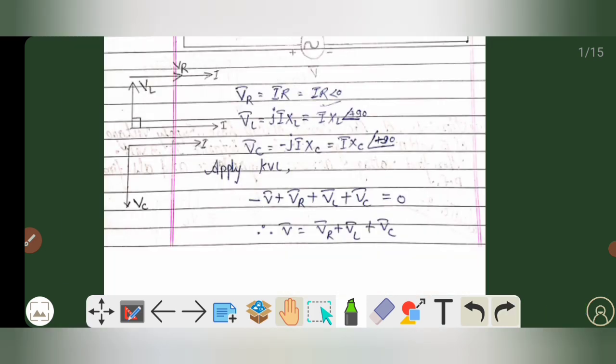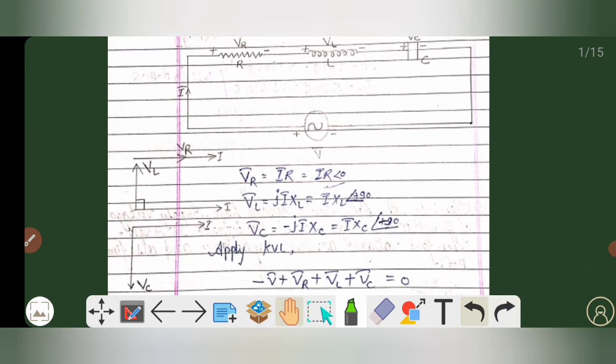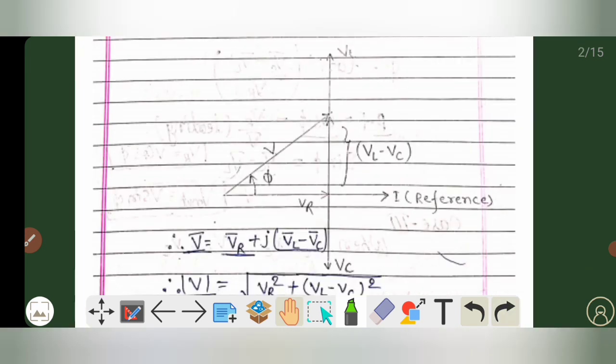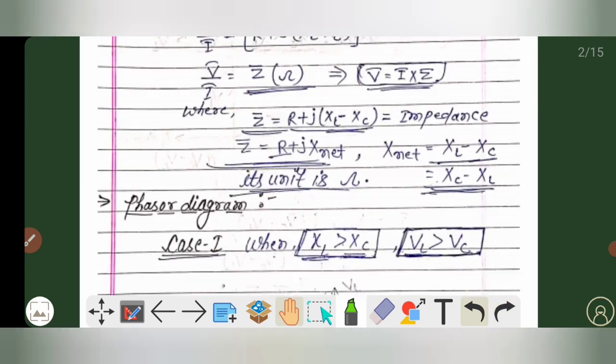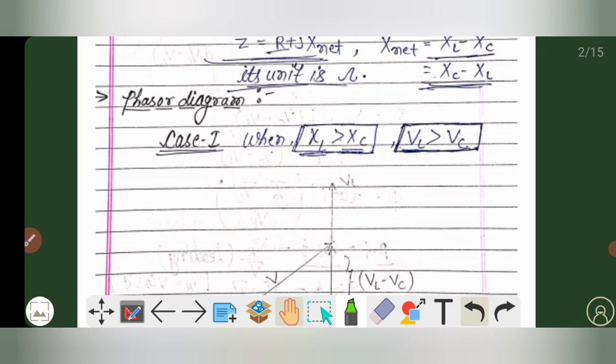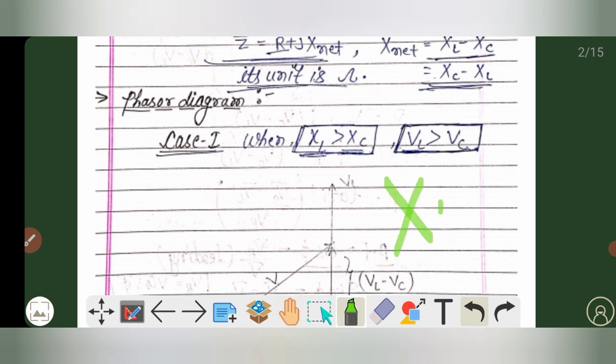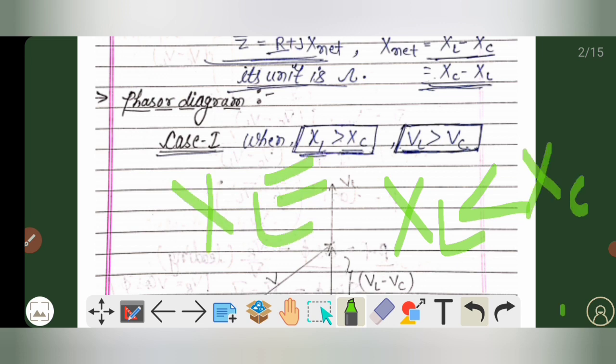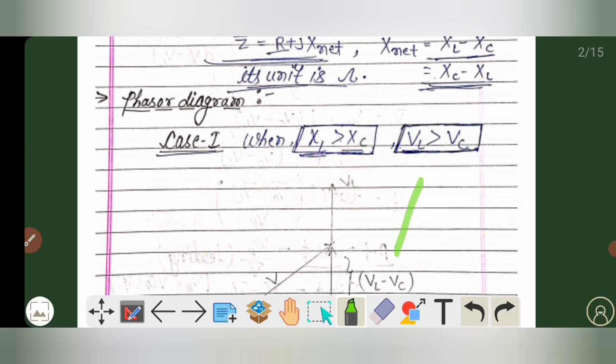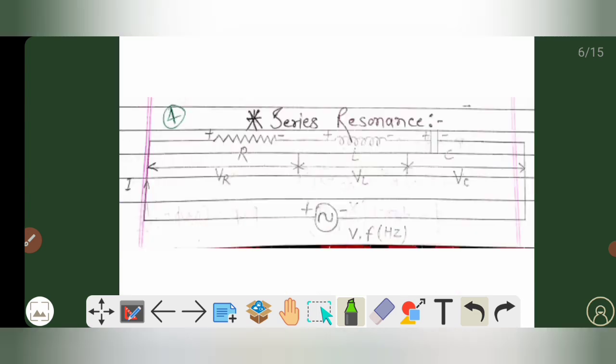We discussed a series RLC circuit, and then we drew the phasor diagram containing all three cases: case 1 is XL greater than XC, case 2 is XL less than XC, and case 3 is XL equal to XC. In the same way, we discussed the impedance triangle and then the power triangle. And now we will discuss the series resonance.